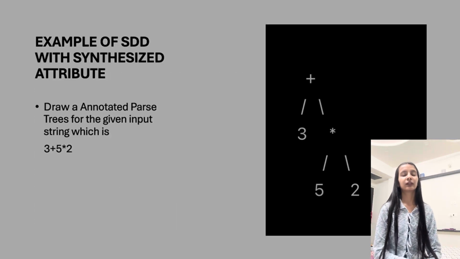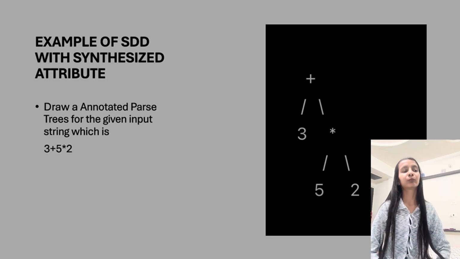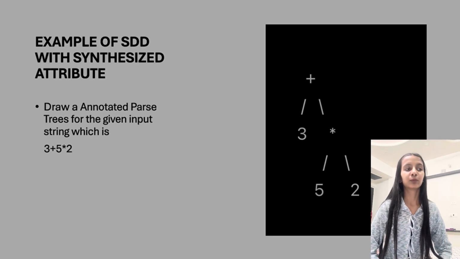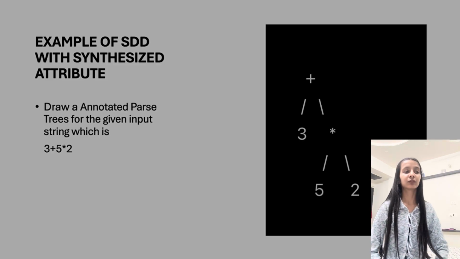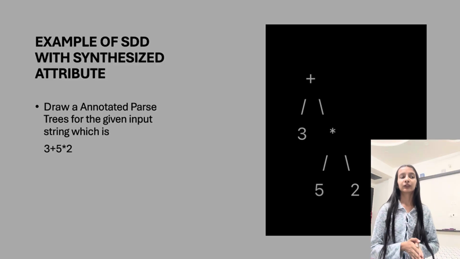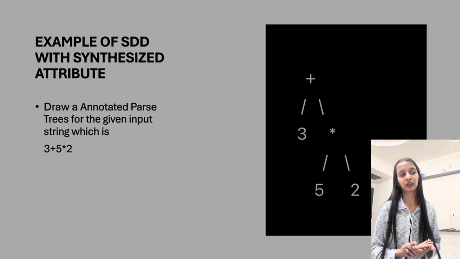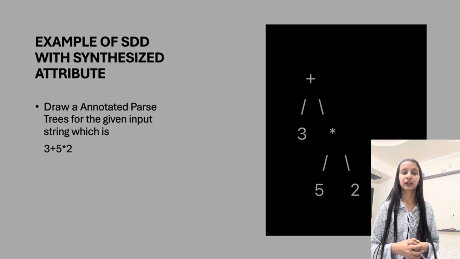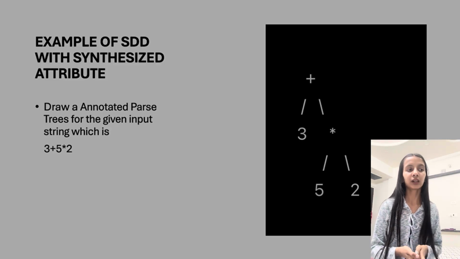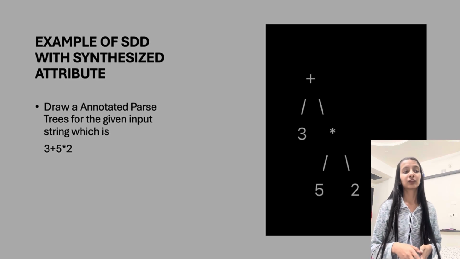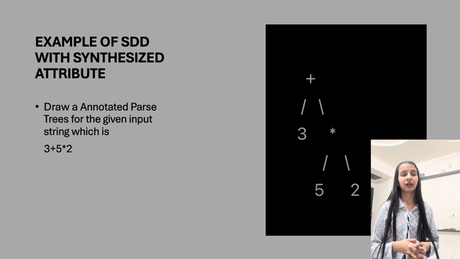Now let us take one example. Here we have to draw an annotated parse tree for the given input string, which is 5 plus 3 plus 5 into 2. So here there are two operators, plus and multiplication. We will go for multiplication first, because in mathematics and in programming, multiplication has more priority than addition.